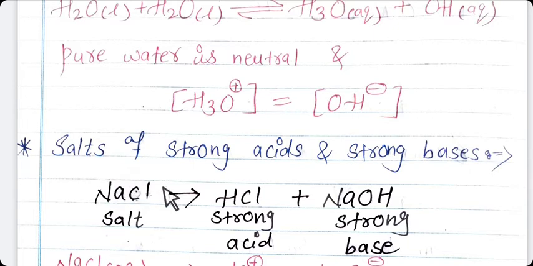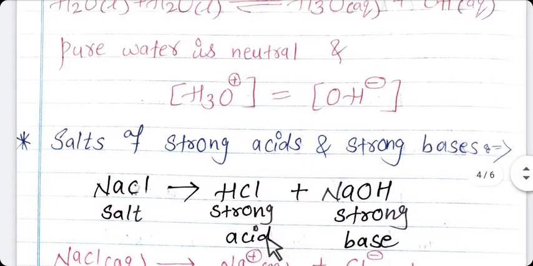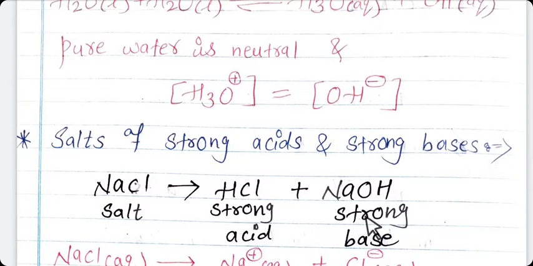First type is salt of strong acid and strong base, and we are taking the example NaCl. NaCl is the salt which is derived from HCl, a strong acid, and NaOH, a strong base. So NaCl is a salt derived from a strong acid and a strong base.